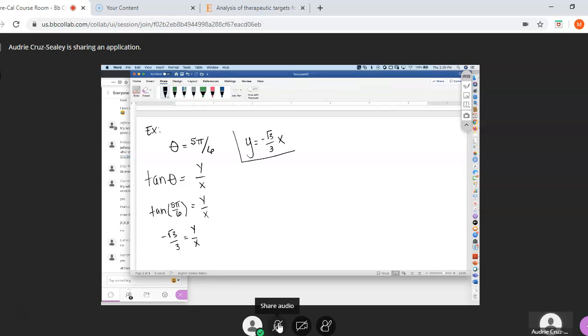Hey, I know how to graph that. How do I graph that? Anybody? Just plug it into your calculator, sure. What kind of graph is this?